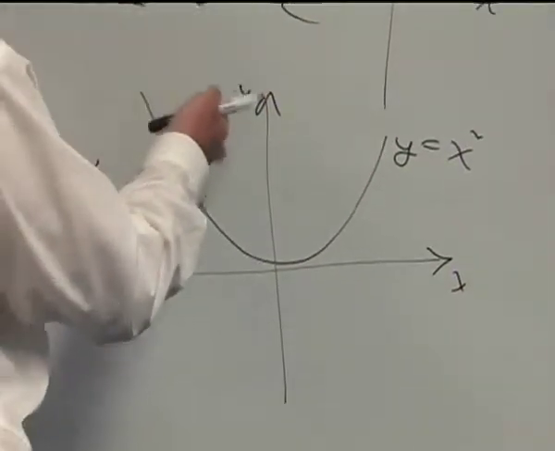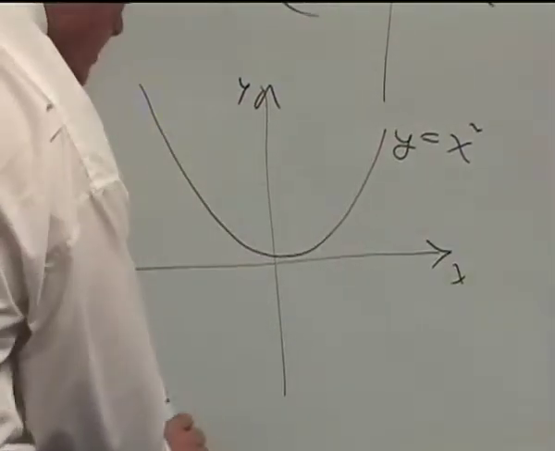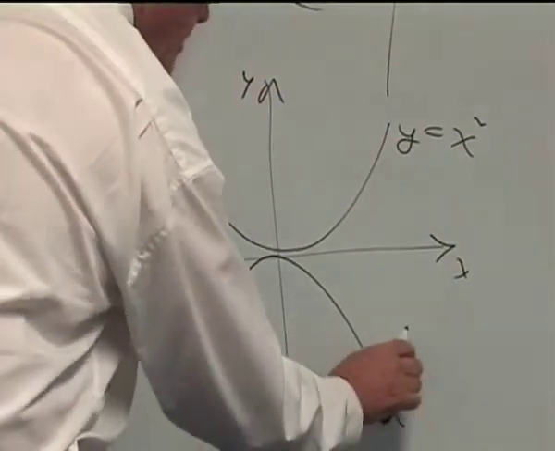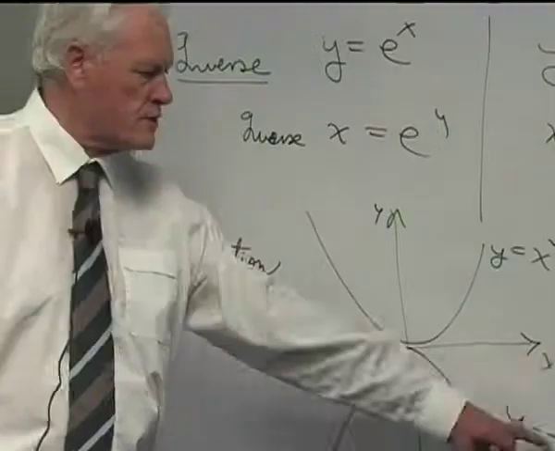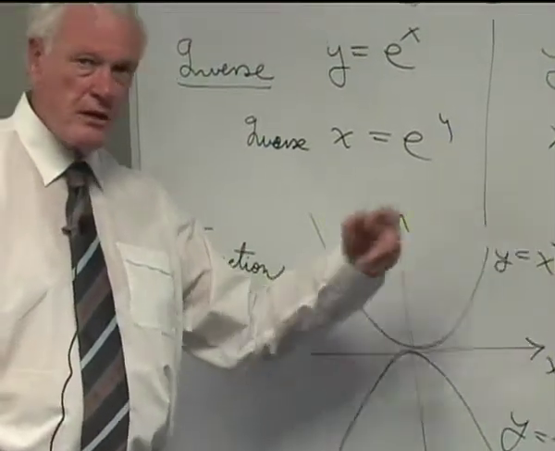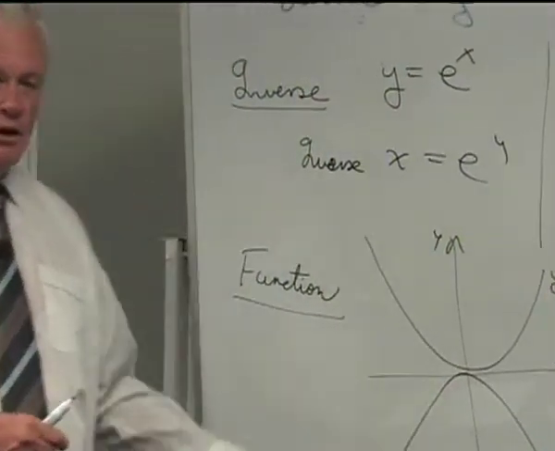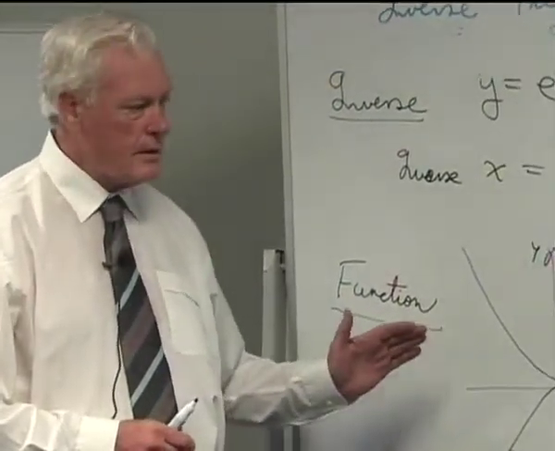If you reflect that graph in the x-axis, clearly it would look like that, and the equation is y equals minus x squared. Any time you put a minus in front of a function, in this case x squared, you get a reflection in the line y equals 0, the x-axis.